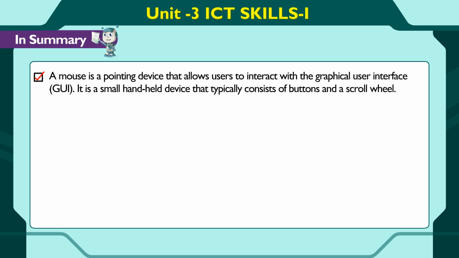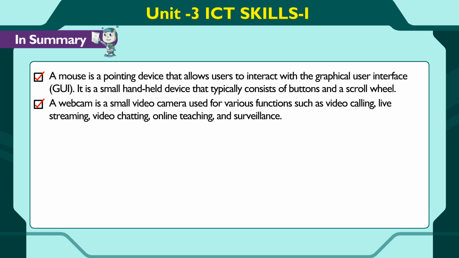A mouse is a pointing device that allows users to interact with a graphical user interface (GUI). It is a small handheld device that typically consists of buttons and a scroll wheel. A webcam is a small video camera used for various functions such as video calling, live streaming, video chatting, online teaching, and surveillance.